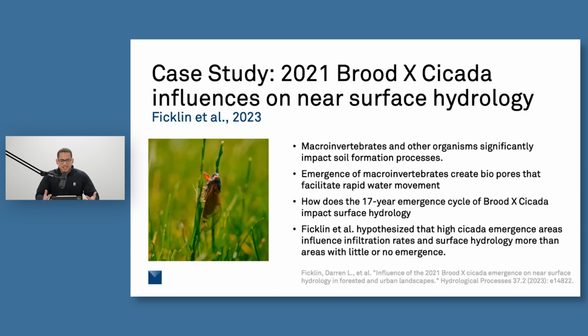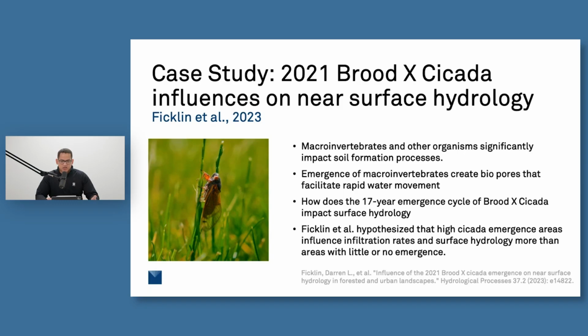So the question is, can unique events like the 17-year emergence of the Brood X Cicada, this emergence, which results in rapid disturbance of the soil with their large burrows, have a significant impact on the surface hydrology of an area?